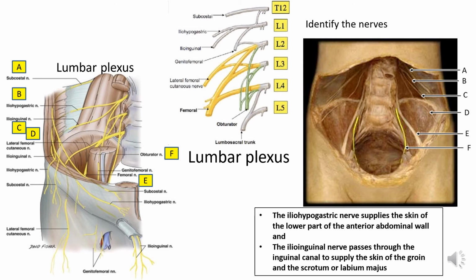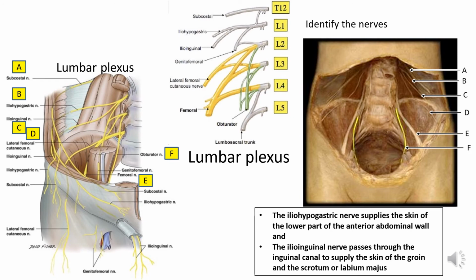It runs between transversus abdominis and internal oblique muscles, then emerges once again through the external oblique aponeurosis. The iliohypogastric innervates the transversus abdominis and internal oblique muscles, then supplies the skin of the lower part of the anterior abdominal wall. The ilioinguinal nerve extends from the inferior branch of the anterior ramus of L1.